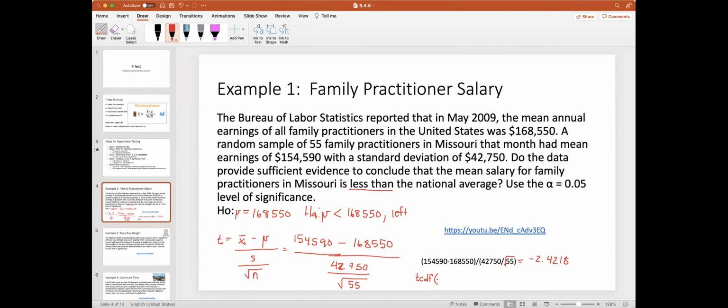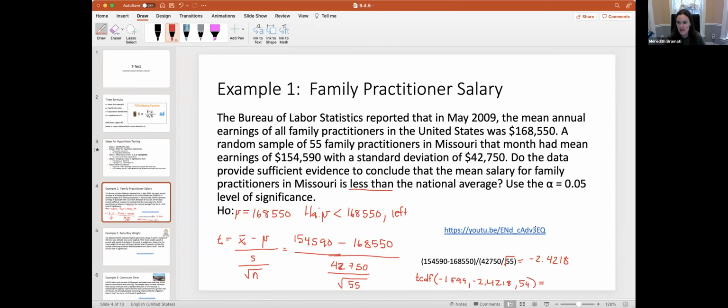Now it's a negative, so we do TCDF, right? Which we do the lower, which is negative 1E99, negative 2.4218. And then we have to put the degrees of freedom in this time. So instead of the 55, we're going to put 54. We're going to do 1 less than it to get our answer.